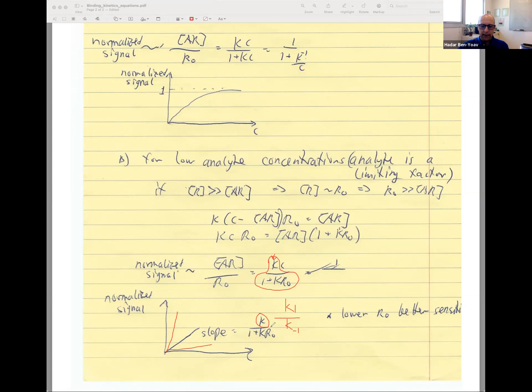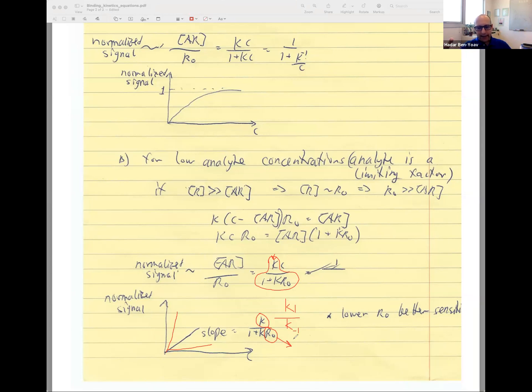So in order to make it as big as possible, we need to have our R0 as low as possible. Meaning that if we have our R0 very, very small, this whole fraction will be very, very high, and the slope will be very high, and we get high sensitivity. We actually can control R0, the amount of the receptor on the sensor.